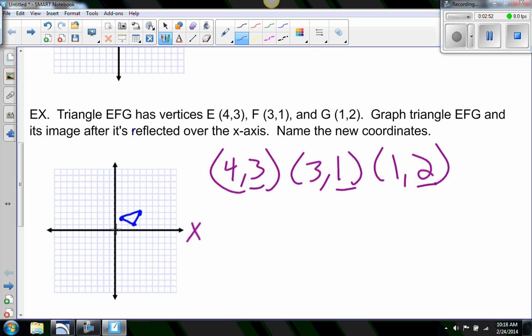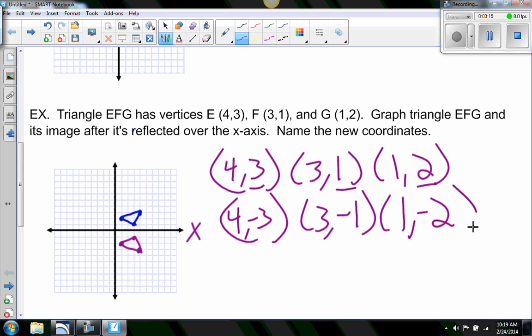So here I'm 1 and then 2 away. Here I'm 3 and then 1 away. Here I am 4 and 3. So there is my new triangle. And so my new coordinates are going to be (4, -3), (3, -1), and (1, -2). Do you see what's happening there? All I'm changing is my y value because I'm moving up and down. So those are my new coordinates.